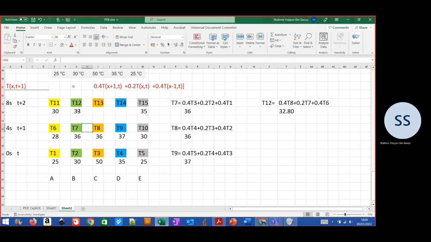If previously we don't have this value, you know that in order to get the temperature value here, you need these three values. Since we don't have these two values yet, we need to start from here. To get here, we can use these three values. That's why we start from 7, 8, 9, 12, 13, and 14.